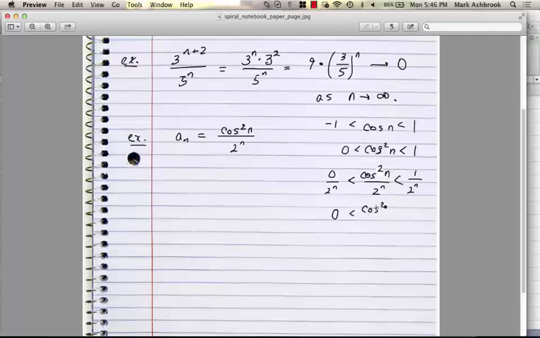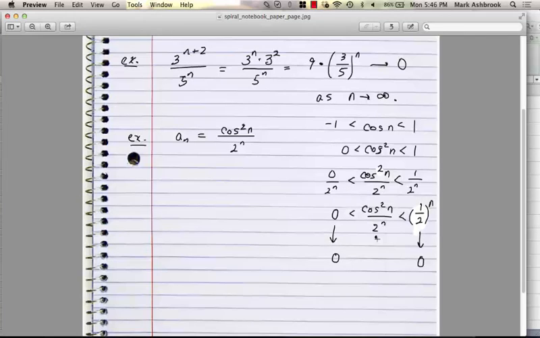So our sequence always stays between 0 and this other sequence, 1 over 2 to the n, or 1/2 to the n. What does that do? As n gets big, that goes to 0.